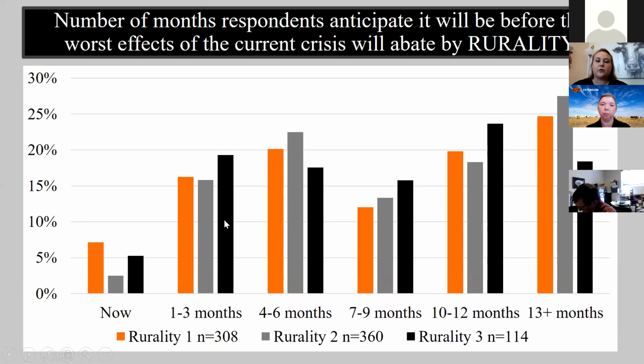When you look at the rurality, it tells a slightly different story. The more rural area of District 3 seems to be a little bit more optimistic in terms of when we will return to normal, with those cities that honestly had more of an impact from COVID being a little bit more reluctant to say we're going to be back to normal in 4 to 6 months or 1 to 3 months.